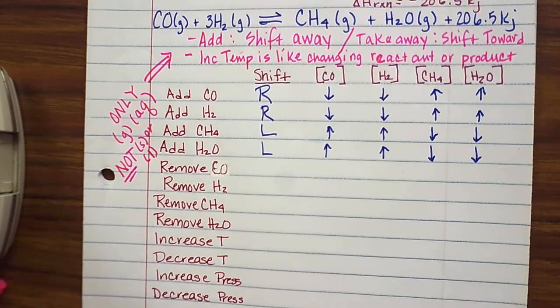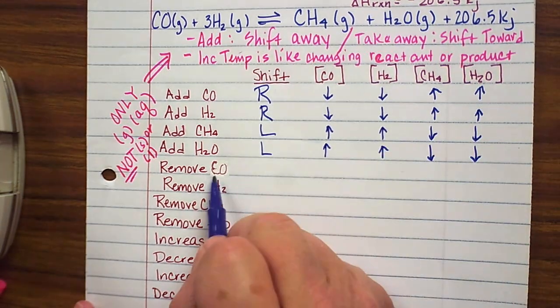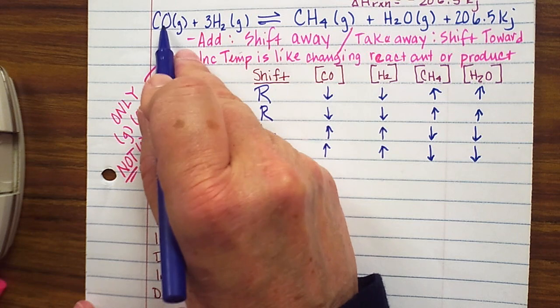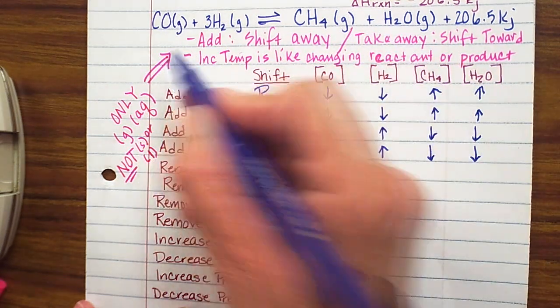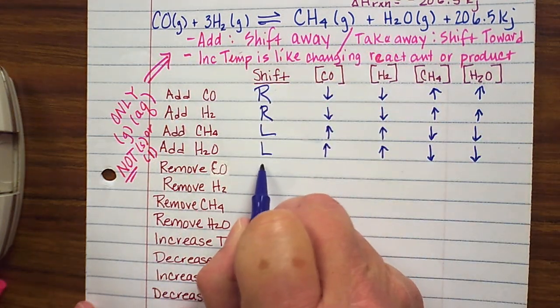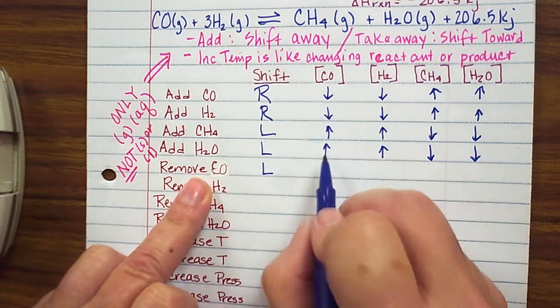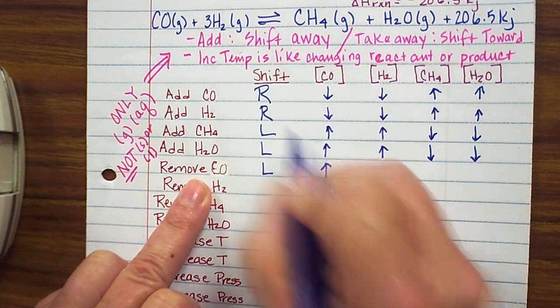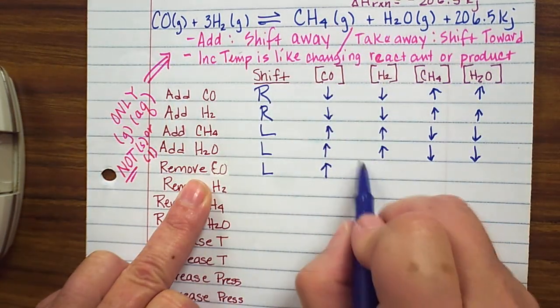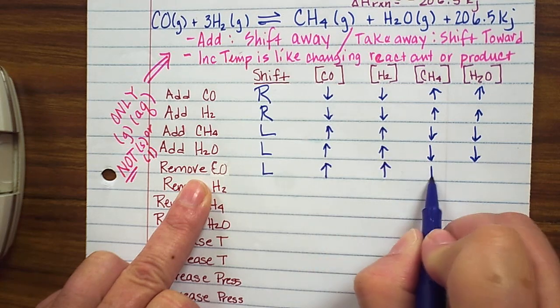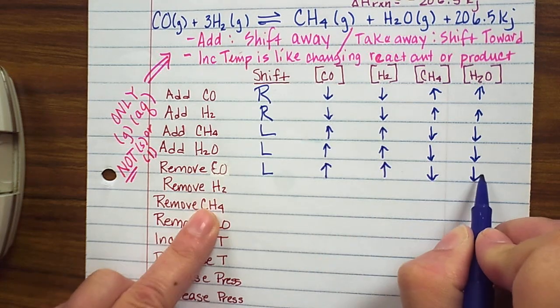Let's keep going. Okay, so remove carbon monoxide, so take away, toward. So we're going to shift left. I'm going to increase carbon monoxide, shifting left toward reactants: increase, decrease, decrease.